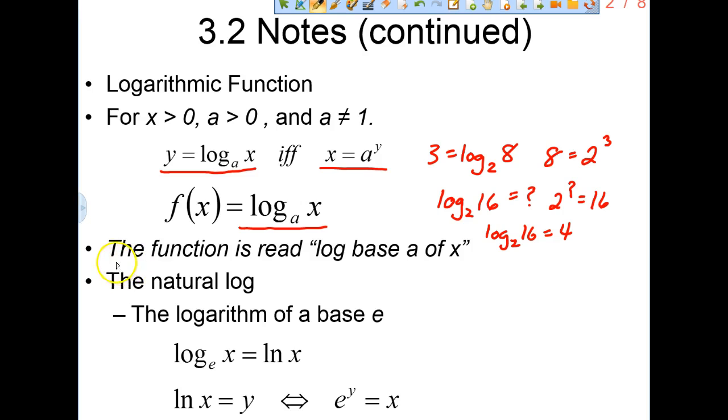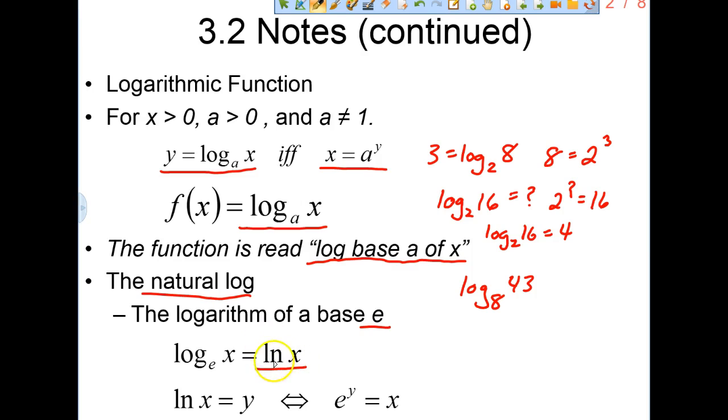Now, when we read this, it says the function is read as the log base a of x. So when I have the log base 8 of 43, that's how I read it, log base 8 of 43. Now, we also have something called the natural log, and that is the logarithm of base e. Remember, e is what we discussed yesterday. So when I have the log base e of x, I actually just write the natural log of x.